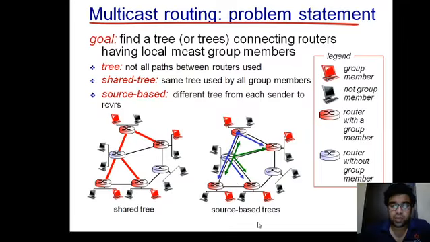So multicasting can be done with two types of trees: shared tree, which is a common tree for all the group members, and source based tree, where each individual node present in a network has its own source based tree to disseminate its information to that multicast group.